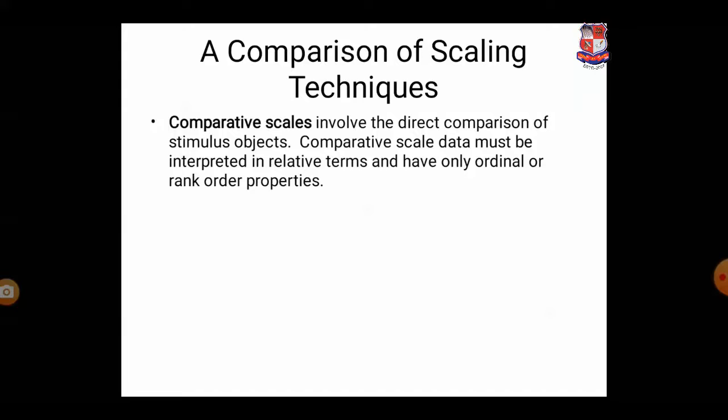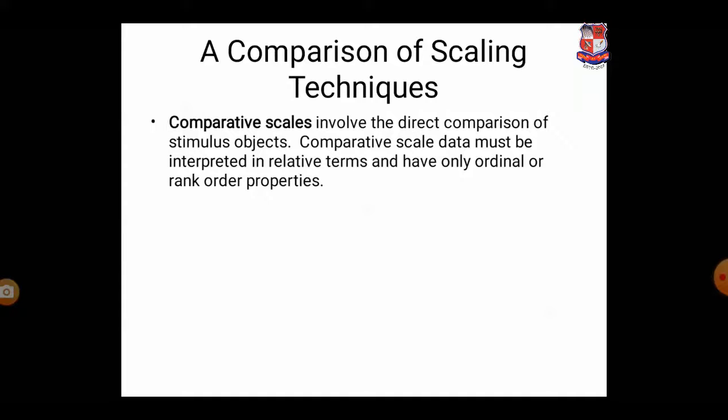If somebody has given first rank to Dell, then the interpretation is that the customer preferred Dell, or Dell is the most preferred brand of laptop out of these four. So using a comparative scale, direct comparison between various objects is possible.